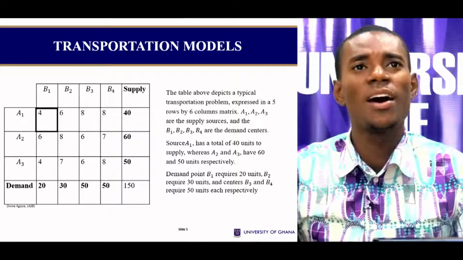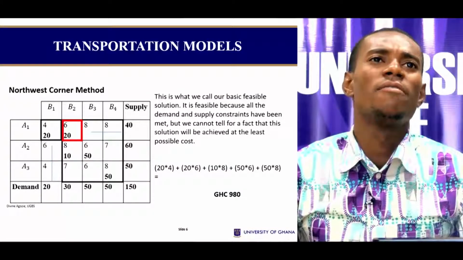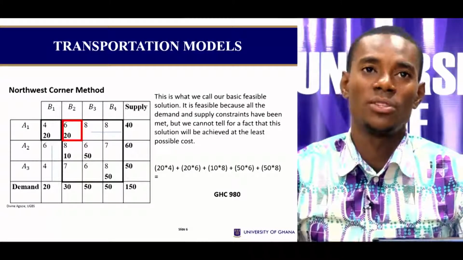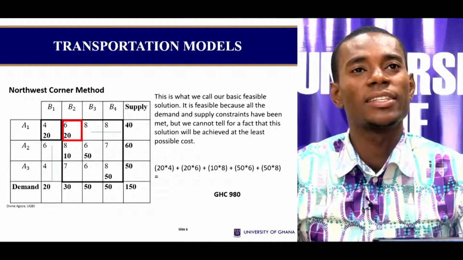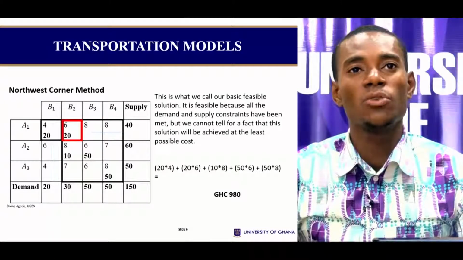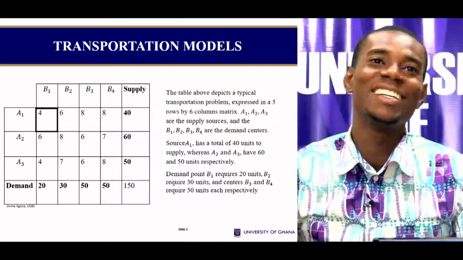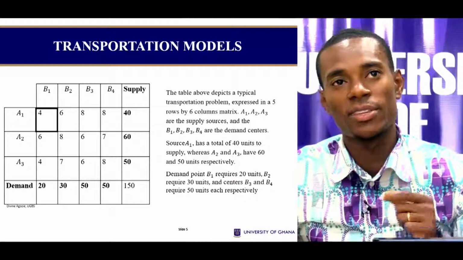So let's look at how we go through the northwest corner method. To arrive at your basic feasible solution, if you look at the table we have here, let me go one step back. This table looks quite clean and nothing has been done to it yet. So let's spend a little time here.